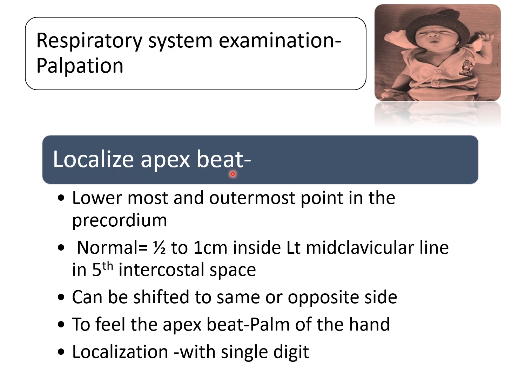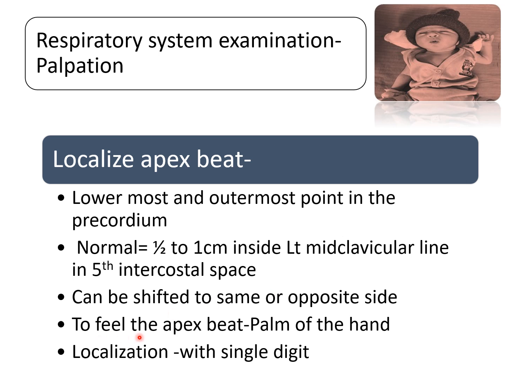Now to localize the apex beat, we should remember it is the lowermost and outermost point in the precordium where the definite cardiac impulse is felt. Normally in a newborn it is felt half to 1 centimeter inside the left midclavicular line in the fifth space. It can be shifted to the same or opposite side if the patient is having any cardiac pathology.